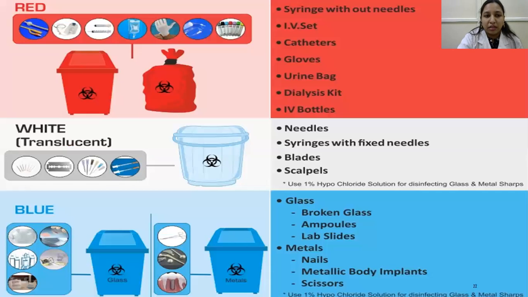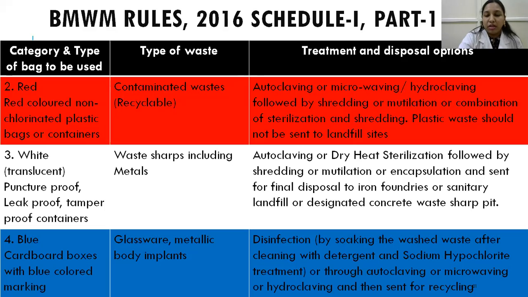So here all the sharp objects like needles, syringes with fixed needles, blades, scalpels, after disinfecting them with 1% hypochlorite solution. That is, you have to throw them all into the 1% hypochlorite solution, keeping it for some time, and then you have to send it for autoclaving or dry heat sterilization.